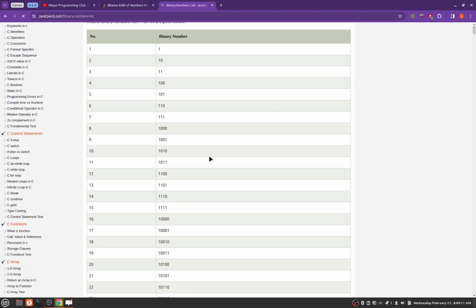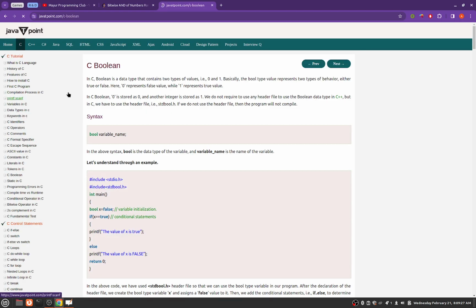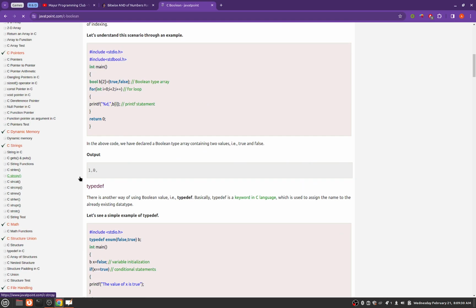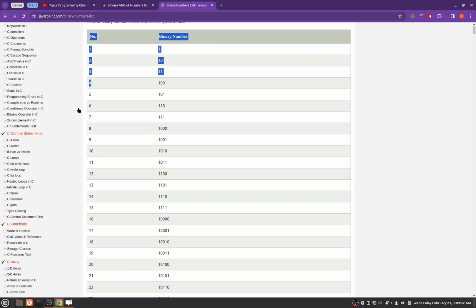So these are binary representations. The thing you can observe here is to look at the numbers which have the same number of digits. Let's try to concentrate on this particular part, from 4 to 7.